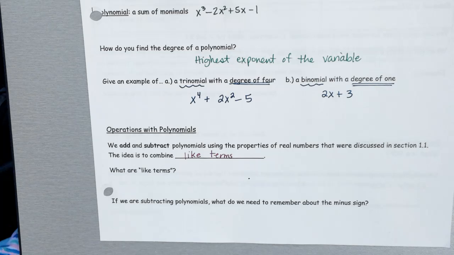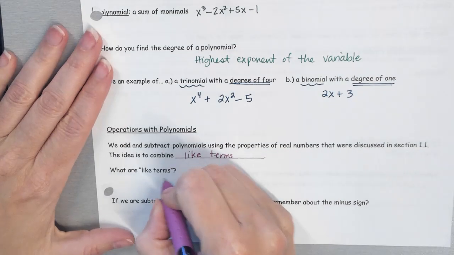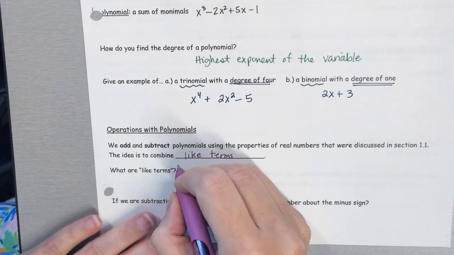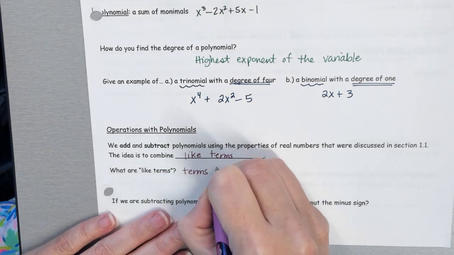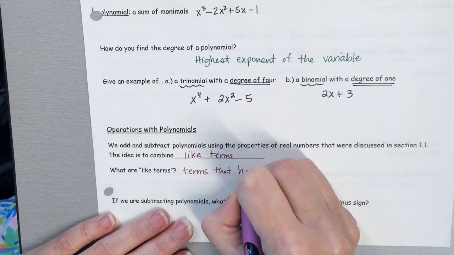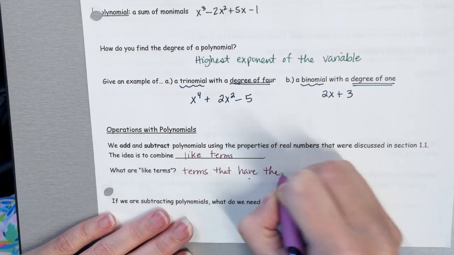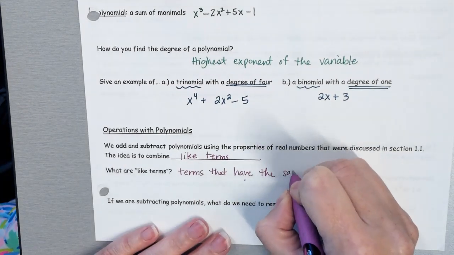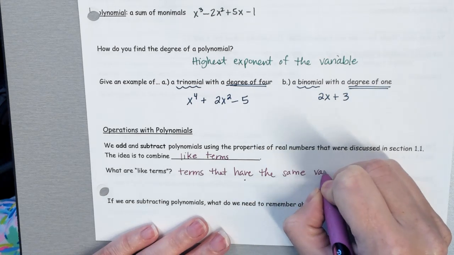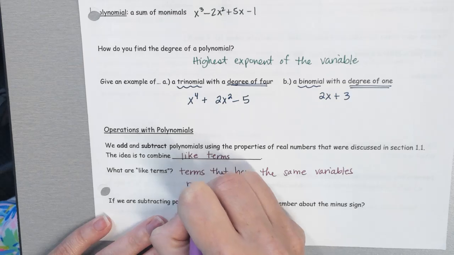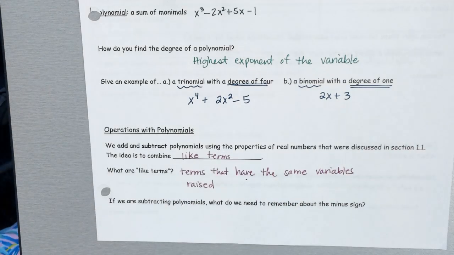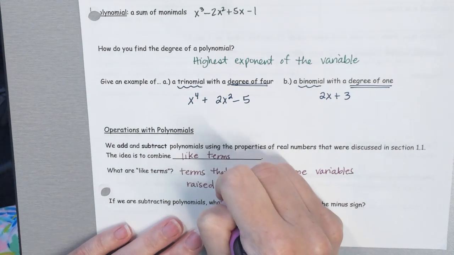Okay, and like terms are defined as terms that have the same variables and the same variables also have to be raised to the same power.